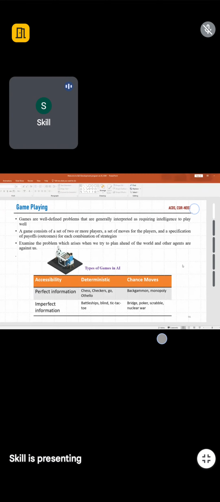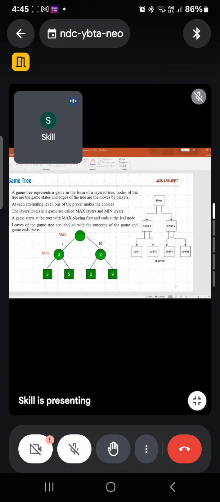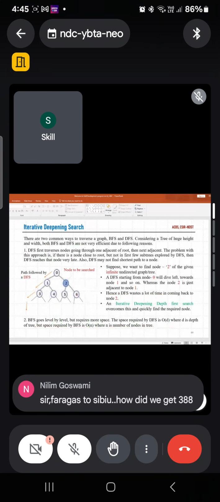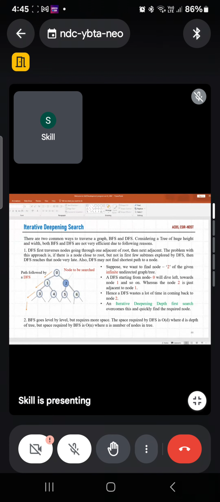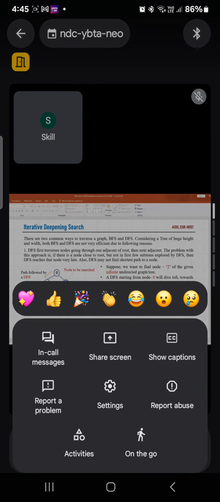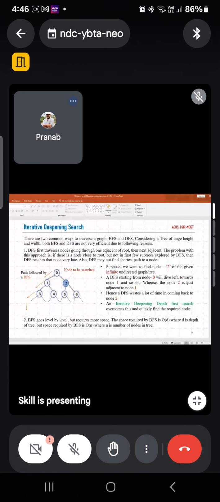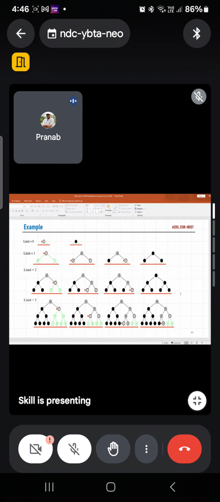In the next class, we will see game playing, these techniques of game trees. Till now, if you have any question, you can ask. So while determining the root node for heuristic, how do we consider it?